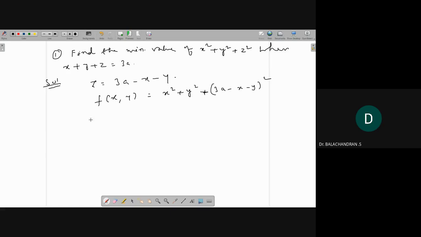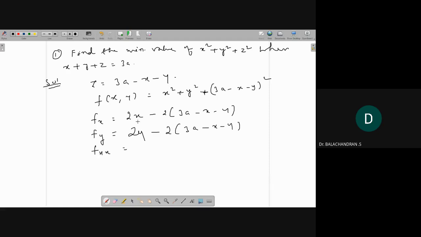Now find fx. Fx is 2x, and if you differentiate the second term, you get 2 into, with the minus sign, minus 2 into 3a minus x minus y. Fy equal to 2y, again minus 2 into 3a minus x minus y.